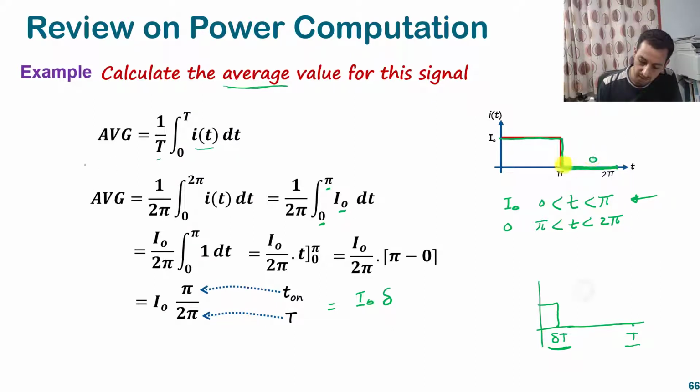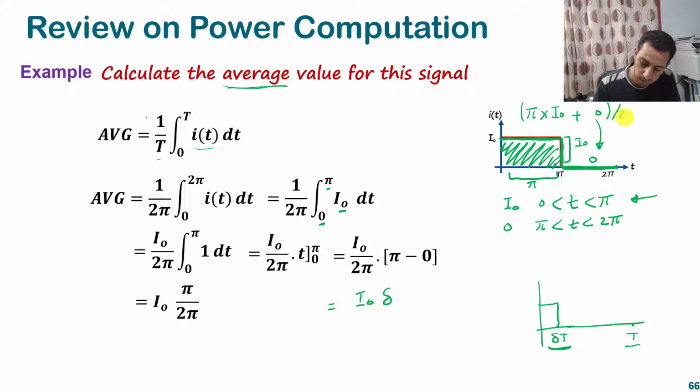But the area from this to this is the area of this rectangle, which has the dimensions of pi and I naught. So the area will be pi times I naught, plus the area of this one, which is 0. And all that will be divided by the total period, which is 2 pi.